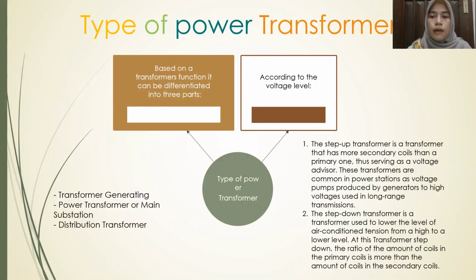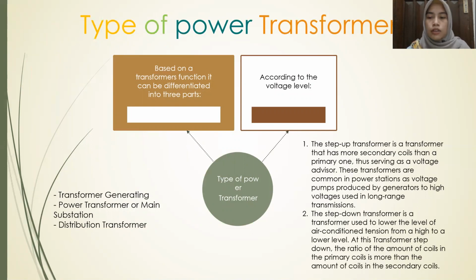1. The step-up transformer is a transformer that has more secondary coil than a primary one, thus serving as a voltage advisor. These transformers are common in power stations as voltage production by generators to high voltage used in long-range transmission. 2.